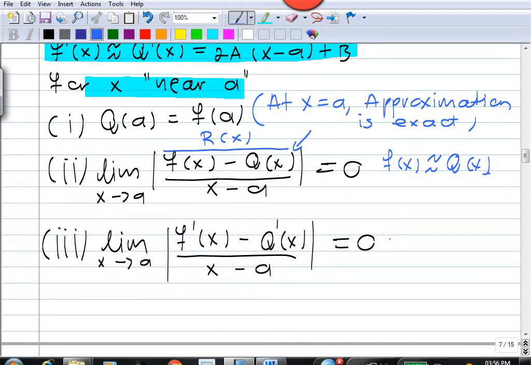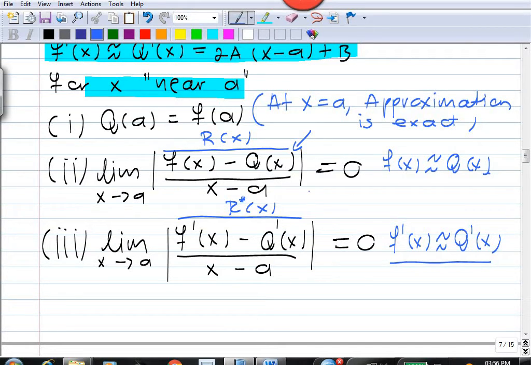And lastly, we require the derivative of our quadratic to also be a good approximation for the derivative of f for x near a. So again, we look at a relative error. This time, it's the relative error for this approximation, distinguished from the previous one.